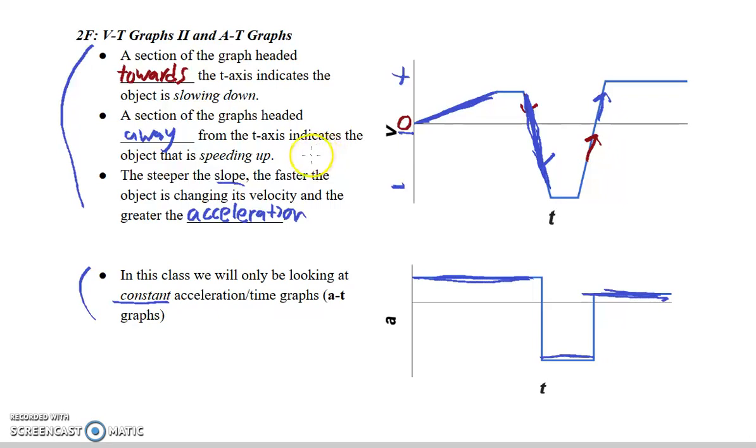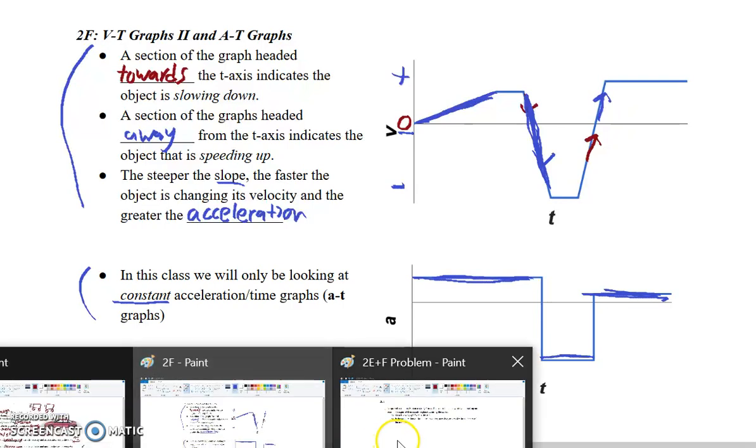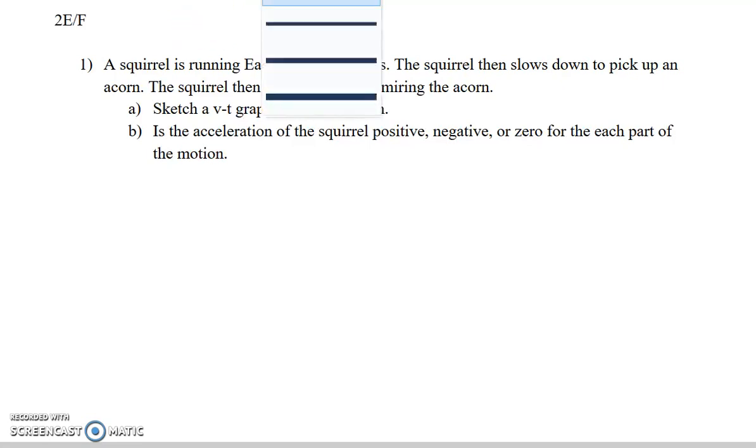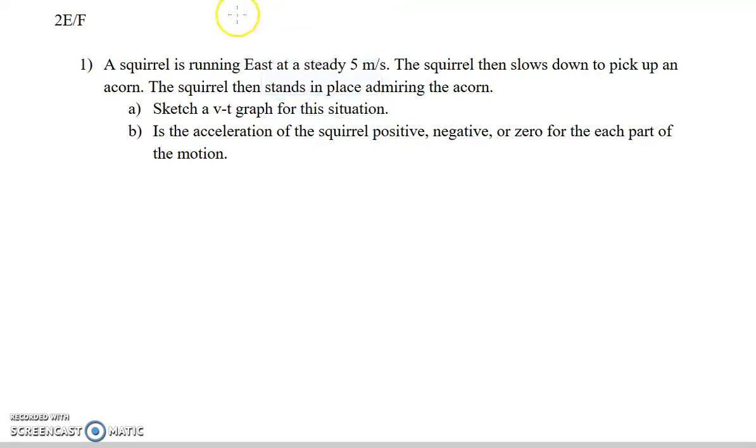Okay, the last thing we're going to do is look at a problem that involves some VT graph stuff and also acceleration. Here we go. Before I go through it, make sure you solve it out first.